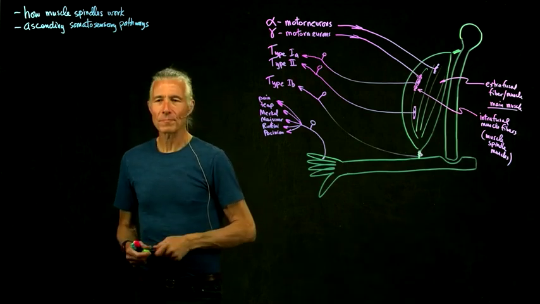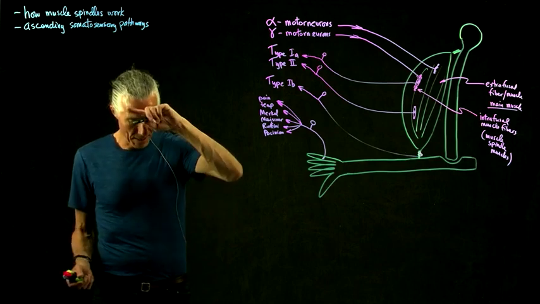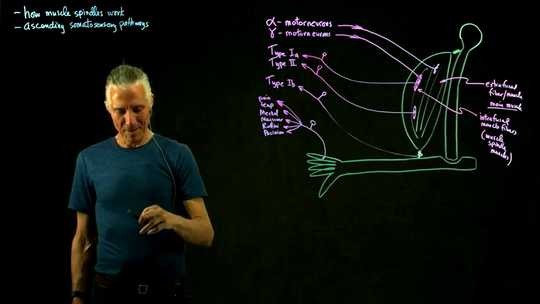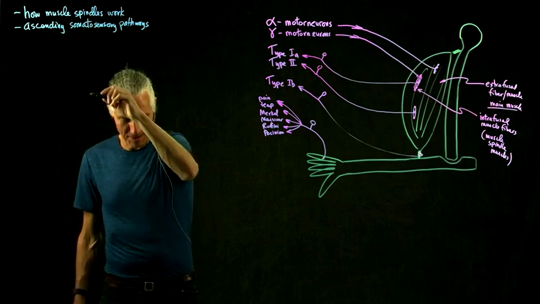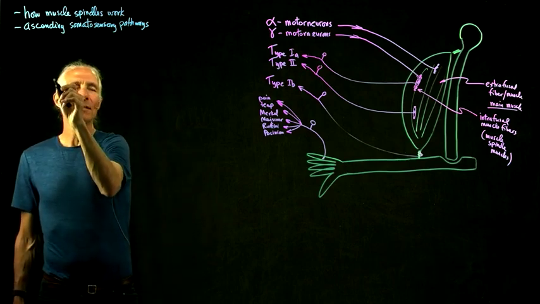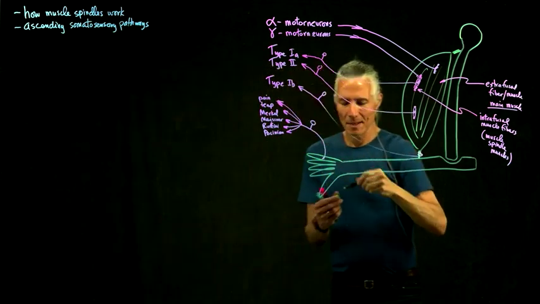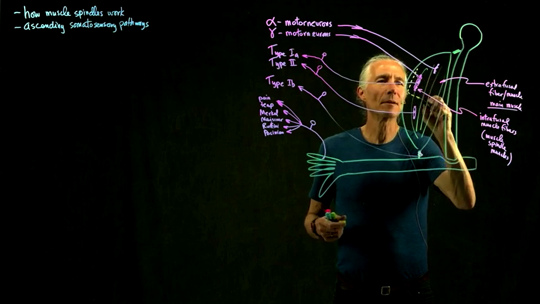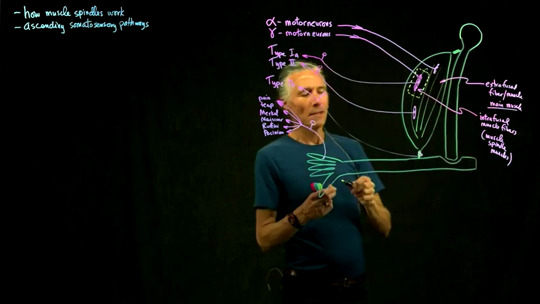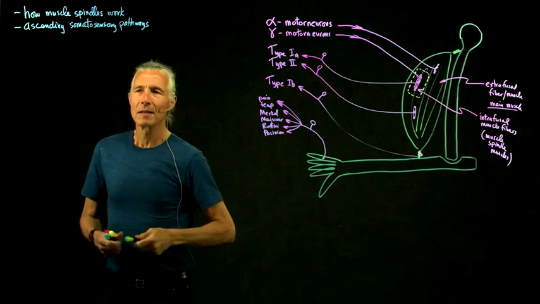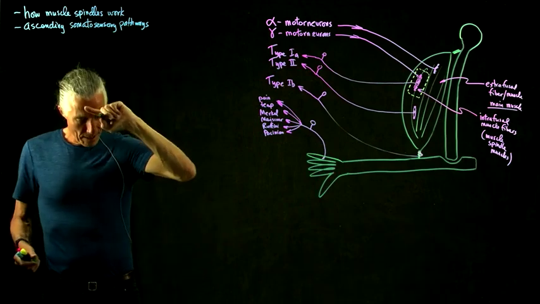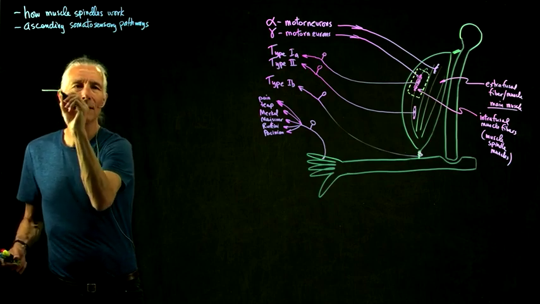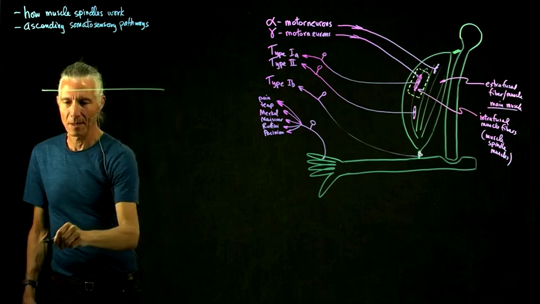If I looked at my notes from last year, I had a typo in my diagram, so I'll make sure I get the diagram right this time. Okay, so if we zoom in on this part right here, and look at the actual attachment to the muscle.